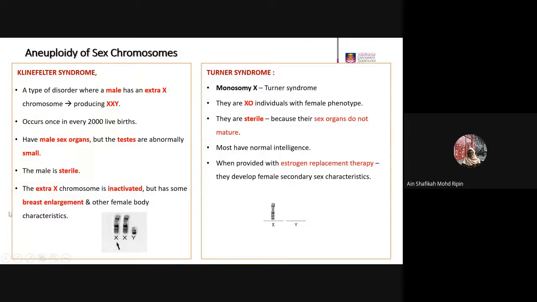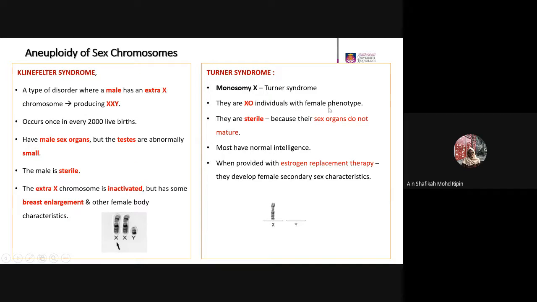So for Turner syndrome pula, monosomy X. Okay, so Turner syndrome. Dia perempuan. Okay, the person is a female, but that person is missing. Dia instead of XX jadi XO. Okay, jadi XO. So they are XO individual with female phenotypes.